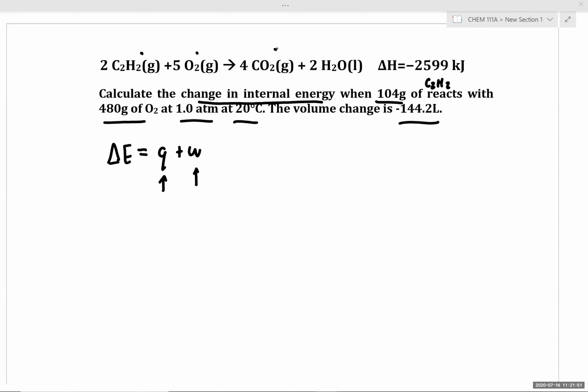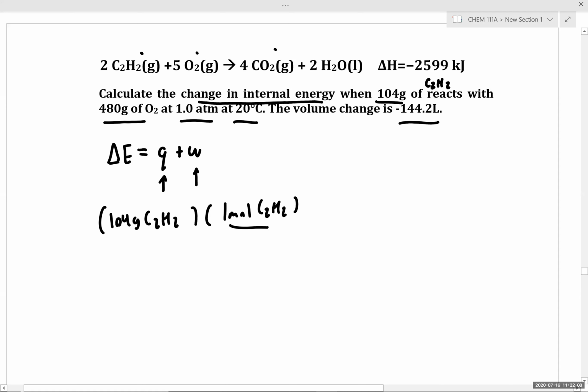So first and foremost, for our limiting reactant calculation, we know that if we have 104 grams of acetylene, we know that in 1 mole of acetylene, we have a total of 26 grams, and we know that we make 2 moles of water per every 2 moles of acetylene.